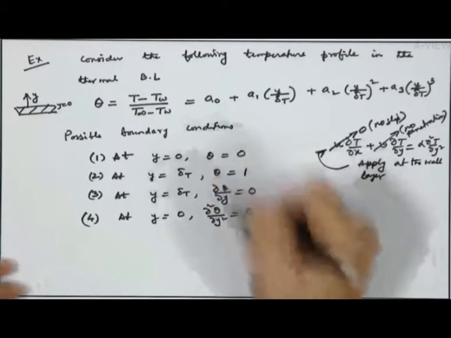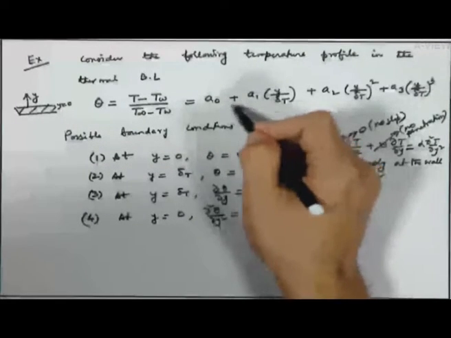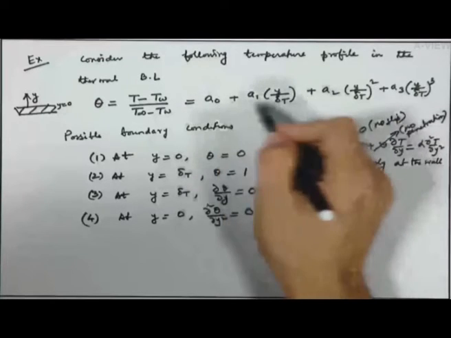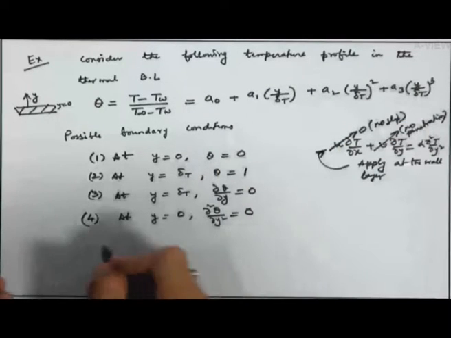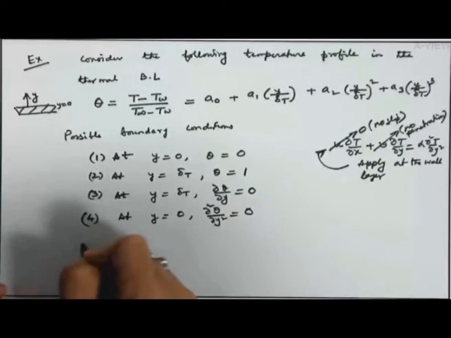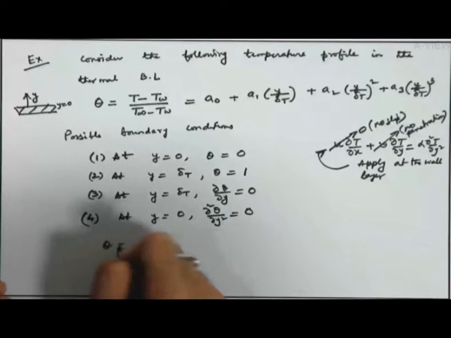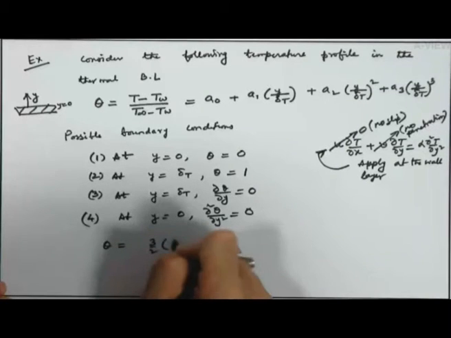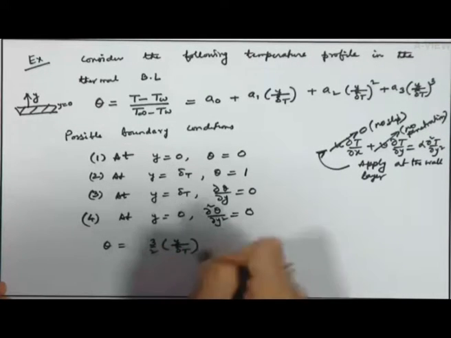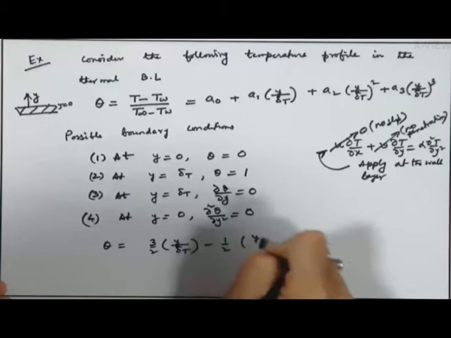So, if you use these 4 conditions, you will get 4 algebraic equations from which you will get A0, A1, A2, A3, and you will get that theta is equal to 3 by 2 (y by delta t) minus half (y by delta t) whole cube.